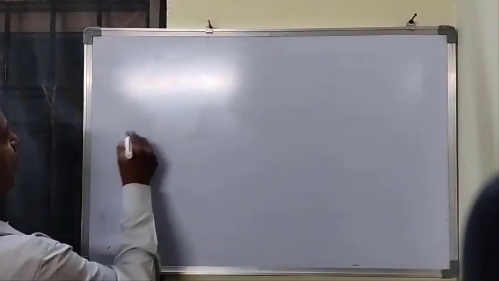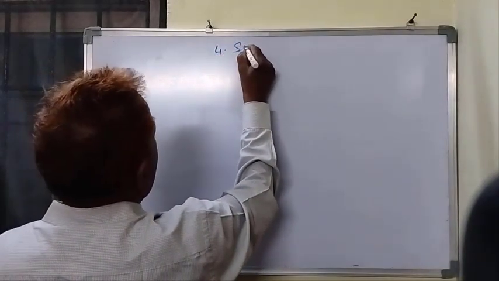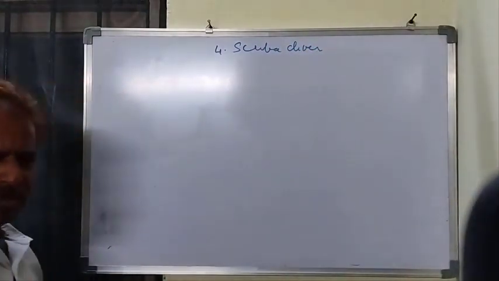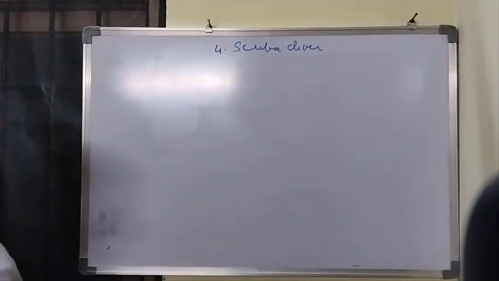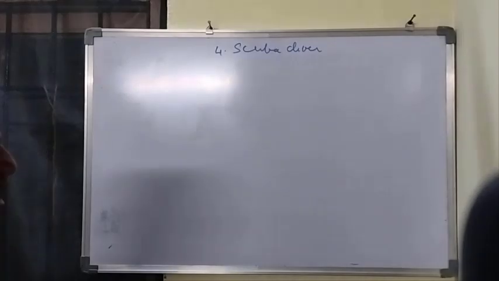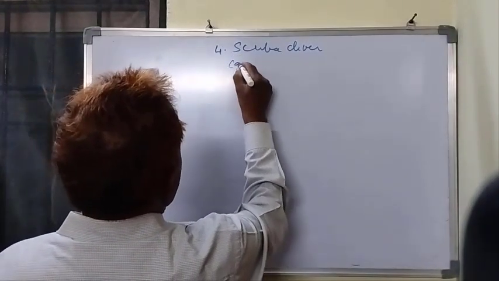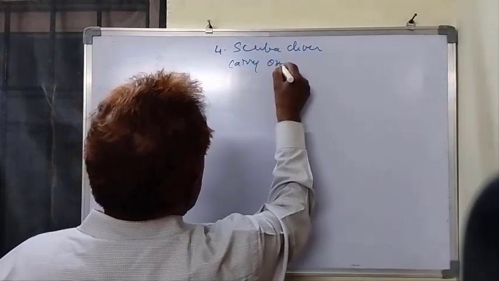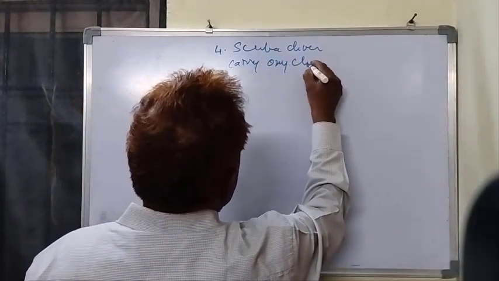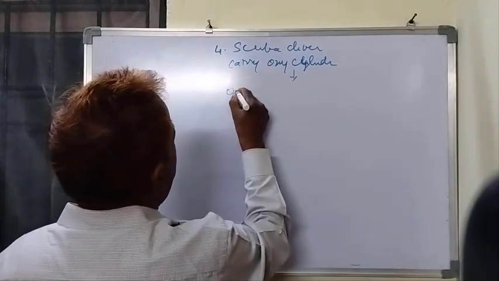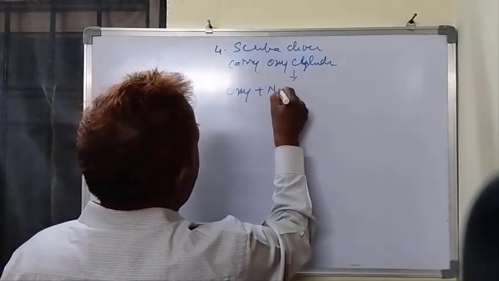The most important one is scuba divers. Scuba divers means those who go underwater for different experiments, etc. For this they carry oxygen cylinders. These oxygen cylinders have oxygen plus nitrogen.